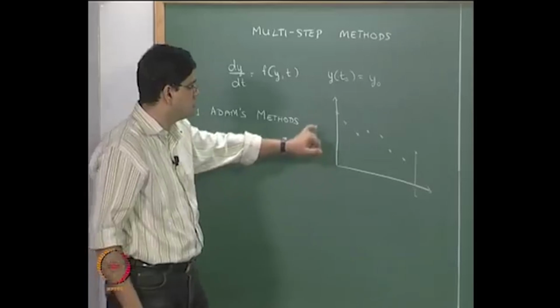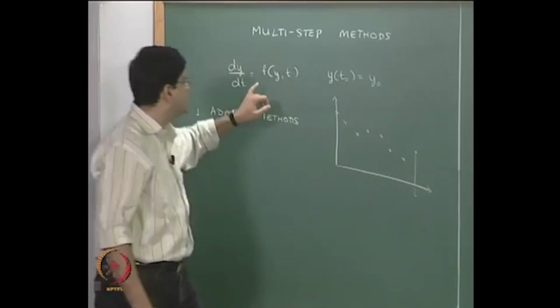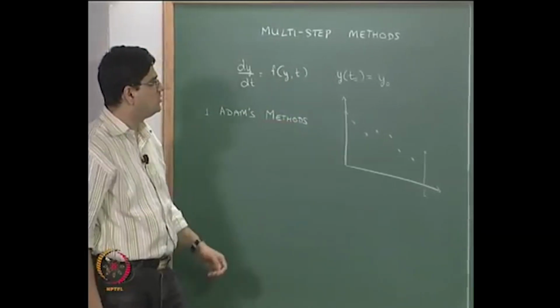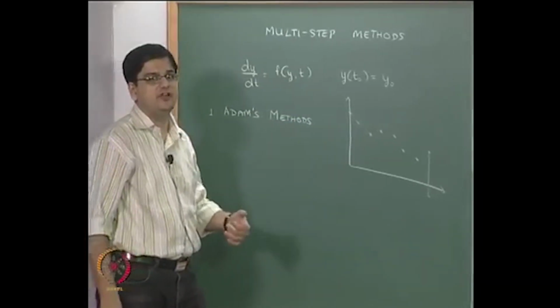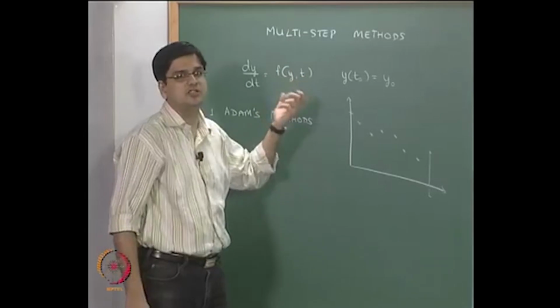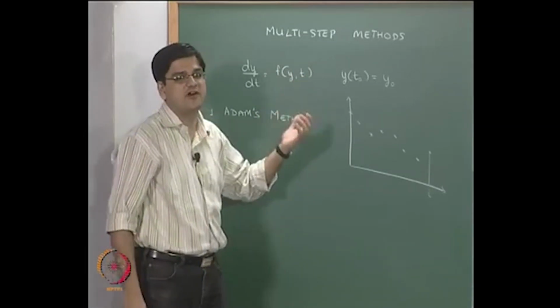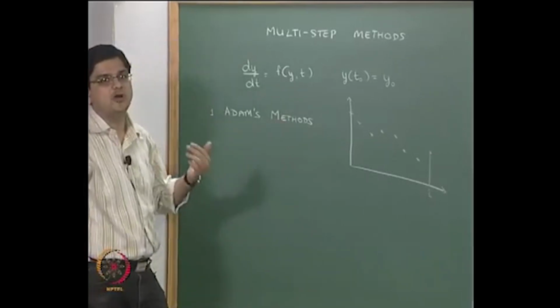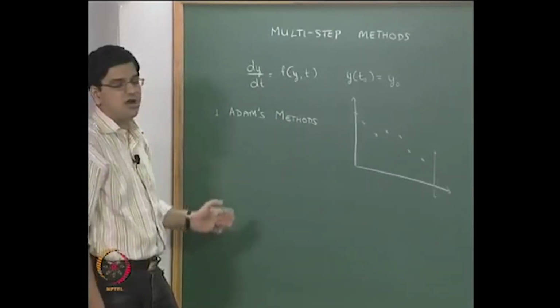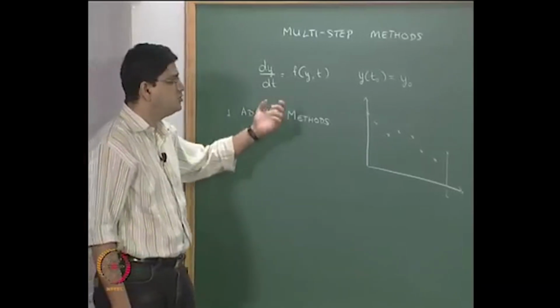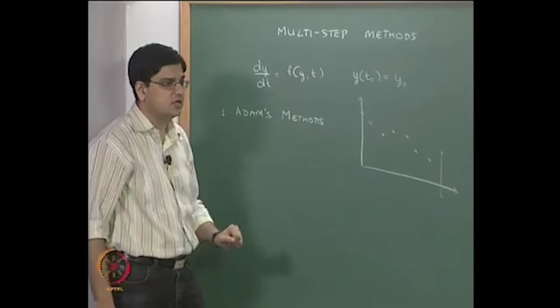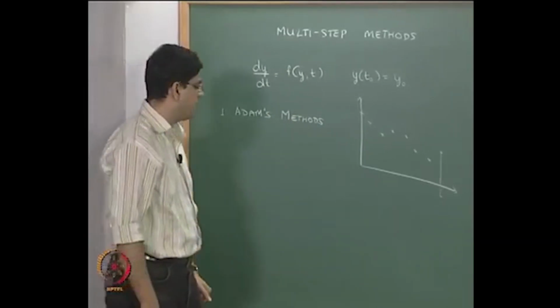The Adams family of methods do not use the yi's per se, but they use the function f of yi comma ti. So what you try to do is fit a polynomial to the past values of fi's, that means fi minus 1, fi minus 2 up to fi minus n, and then you use that polynomial instead of f of y comma t. That is what we do in the Adams family of methods.